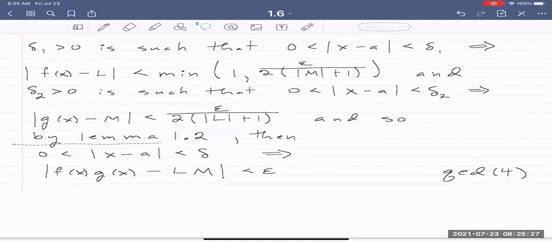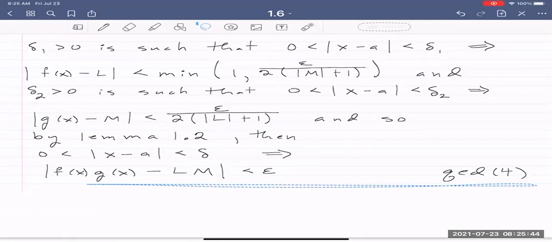So by the second part of the lemma, we have that x minus a in absolute value between 0 and delta implies that f of x times g of x minus Lm in absolute value is less than epsilon. That's what we wanted to show.